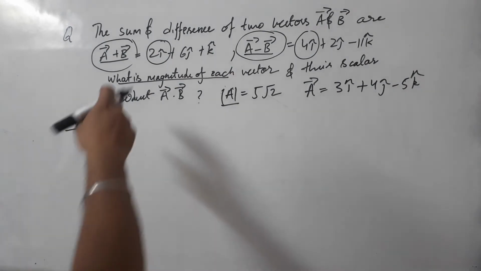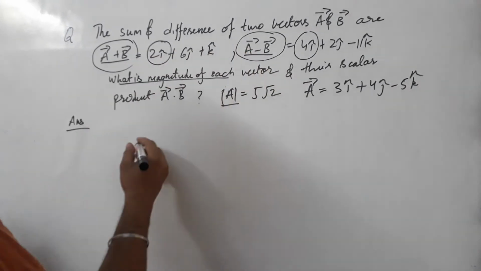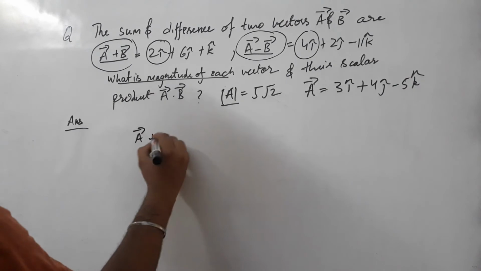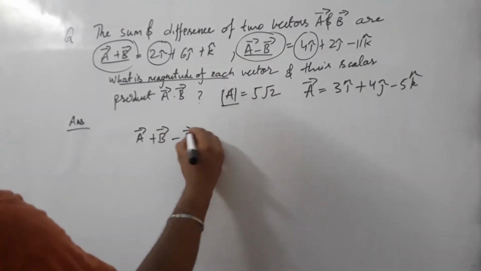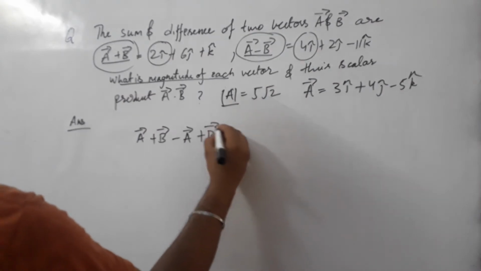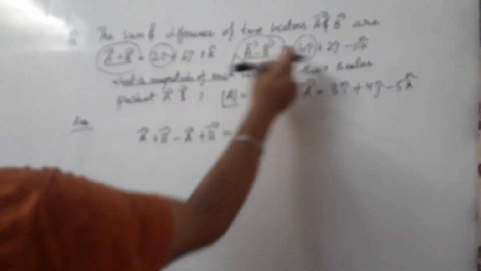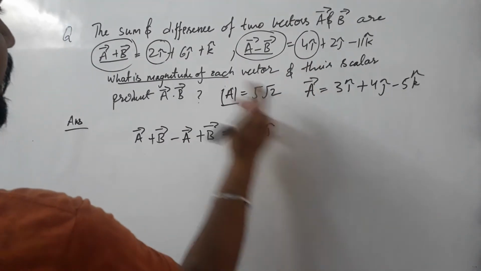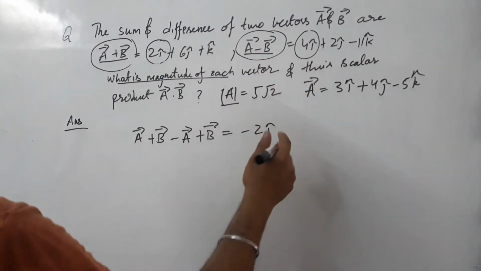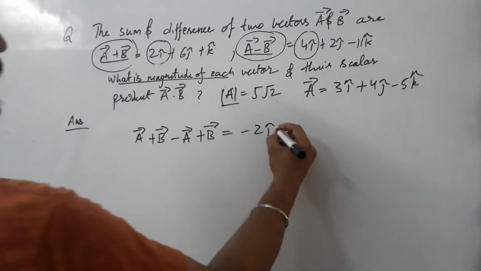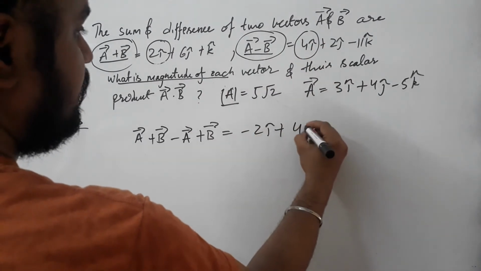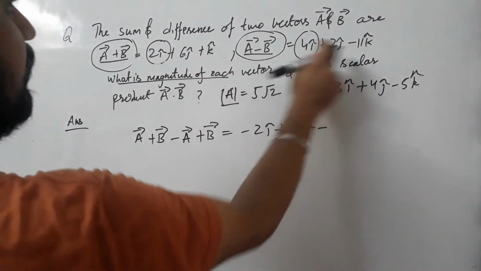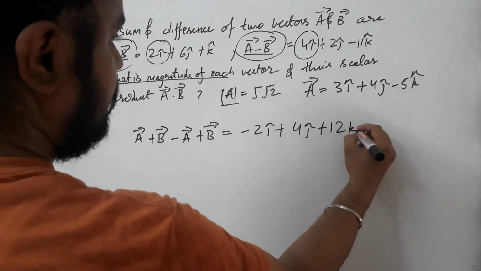Now for the b vector, subtract these two equations, that is a vector plus b vector minus of a vector, minus of minus b vector will be plus of b vector, and over here minus 2 i cap. If we subtract, 2 i cap minus 4 i cap is minus 2 i cap, plus 6 j cap minus 2 is 4 j cap, and over here 12 k cap.